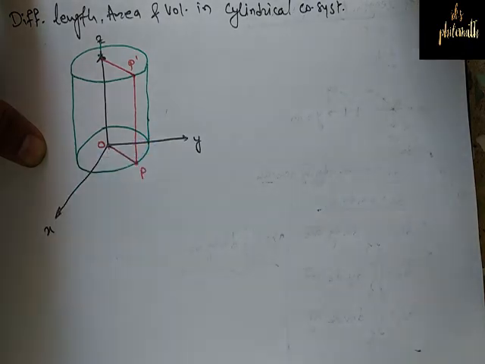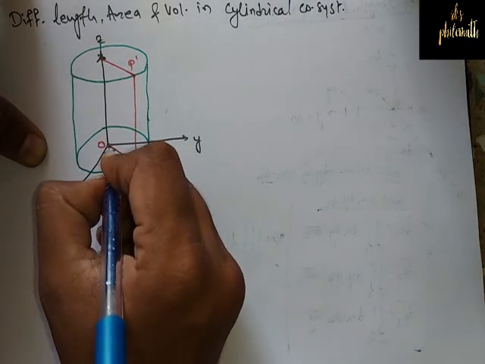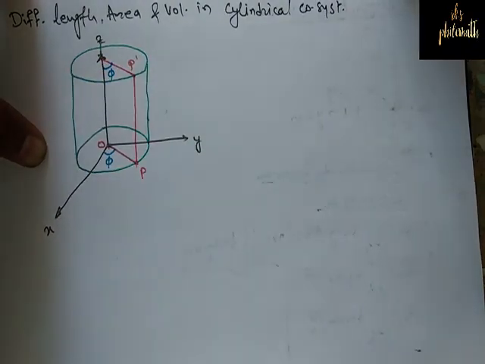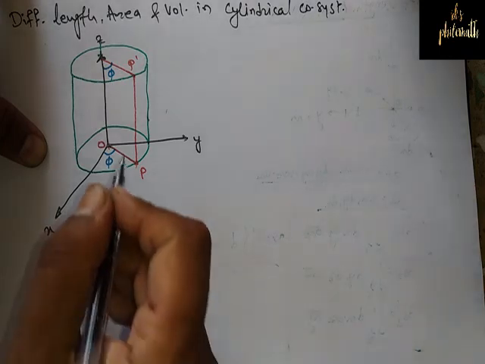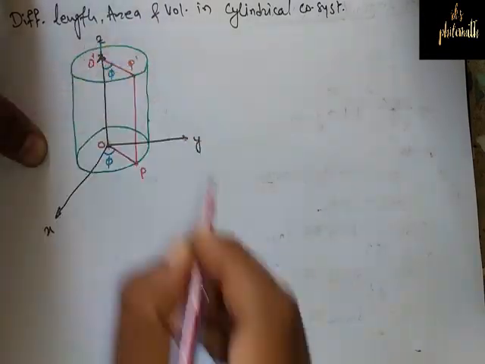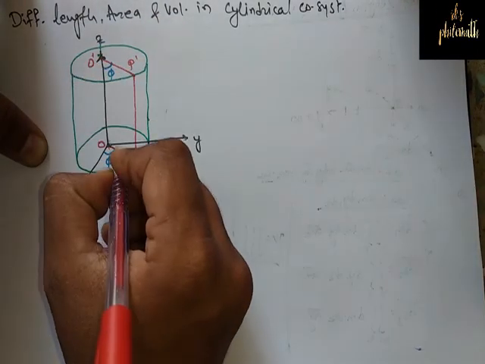This angle is horizontal angle phi, and this is the line OP, or we can say O dash P dash, is nothing but a radius.